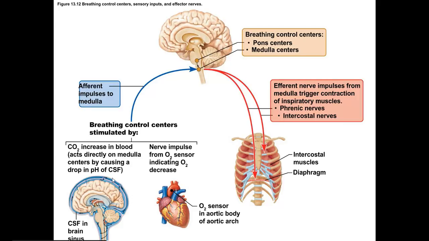By monitoring that pH, which is largely controlled by our CO2 levels, that is really what's going to determine our rate of breathing. In addition to this, there is a sensor in the aortic arch that detects oxygen levels in the blood as well. That's really secondary, though, to the medulla and the pons. In effect, this is going to control nerves, the phrenic nerve and the intercostal nerve. The phrenic nerve is going to control your diaphragm, and the intercostal nerves are going to control your external intercostal muscles.